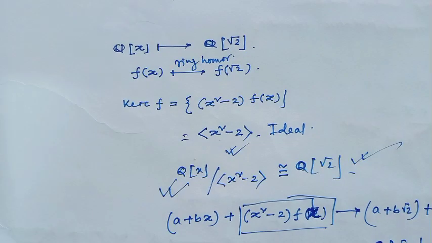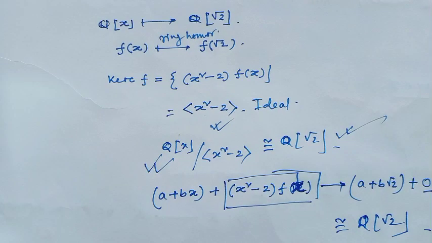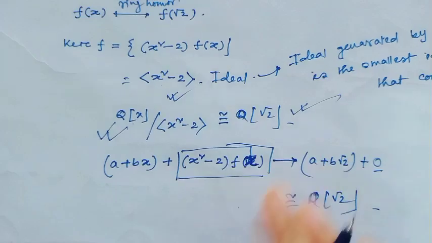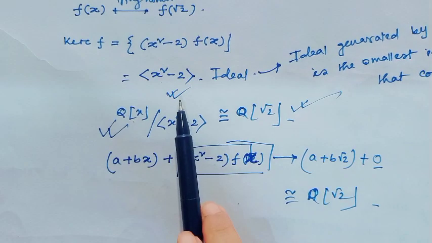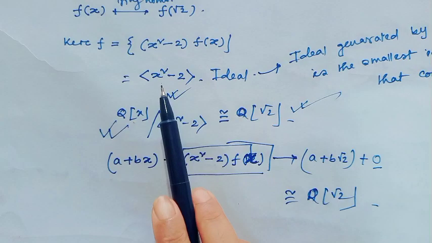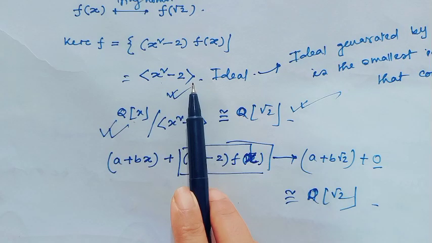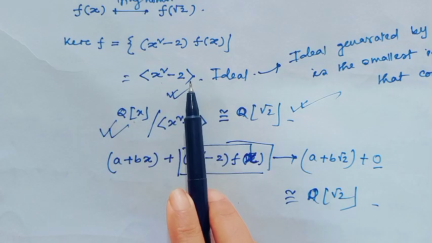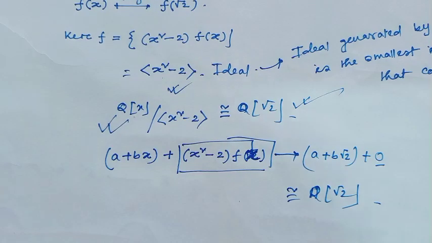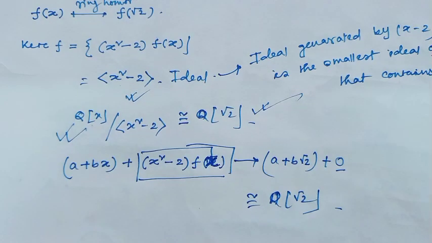This type of concept is very important for higher study. Now, here I have used one notation, the ideal generated by x squared minus 2. This means actually the same as a cyclic group.